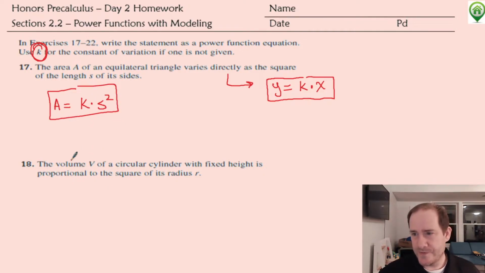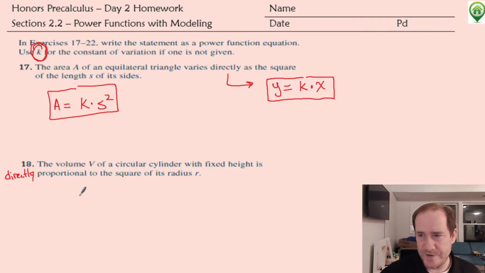The next one says the volume V of a circular cylinder with fixed height is proportional to the square of its radius r. I don't love this. If they don't say directly proportional or inversely proportional, then I think it's understood that it's directly. So directly proportional is the same as varying directly.